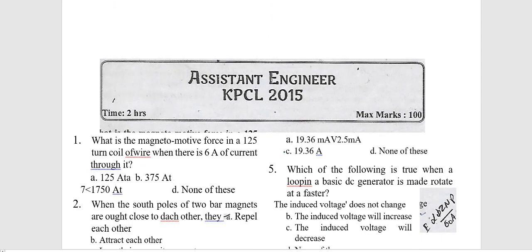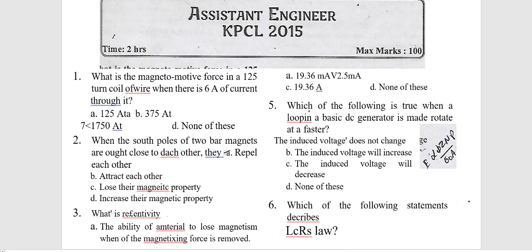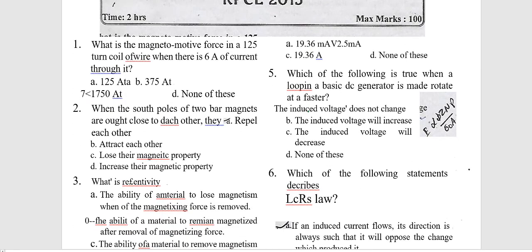Let's see KPCL 2015. KPCL stands for Karnataka Power Corporation Limited. Unlike KPTCL, they always favor more of machines, because they deal with generators and transmission from the generation point.